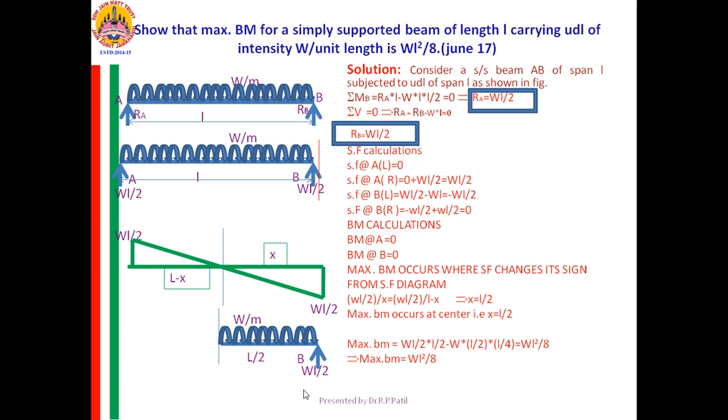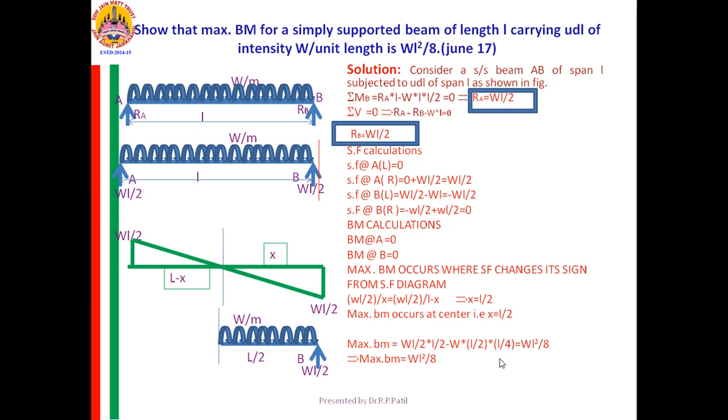Therefore, the final answer will be WL by 2 into L by 2, that is this concentrated load, minus W into L by 2, which is the UDL. It will act at a distance of L by 2, that is L by 4.